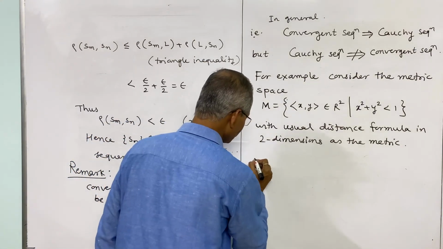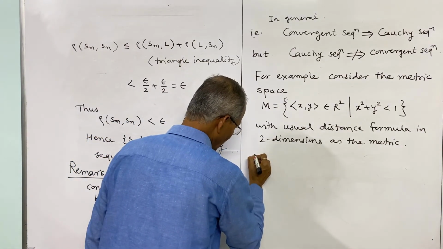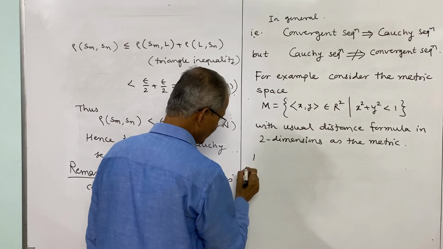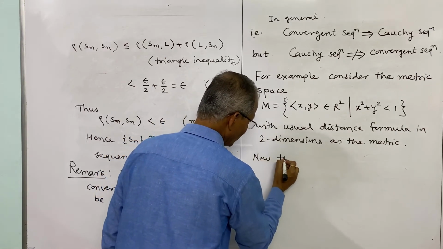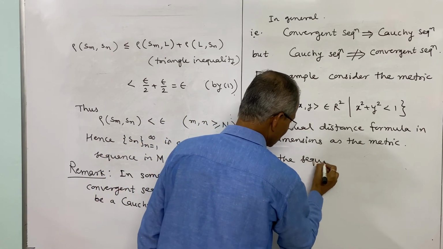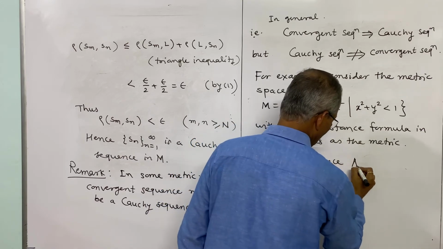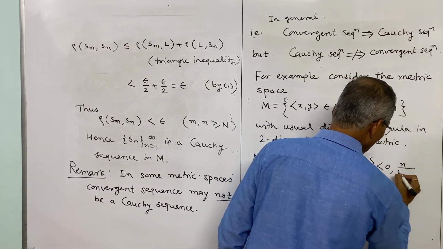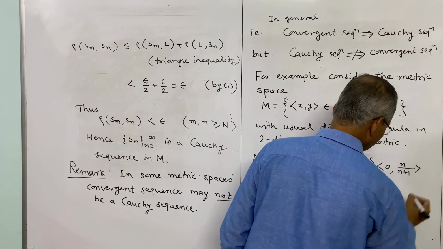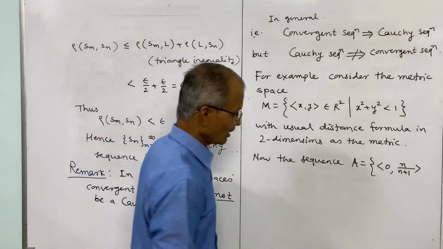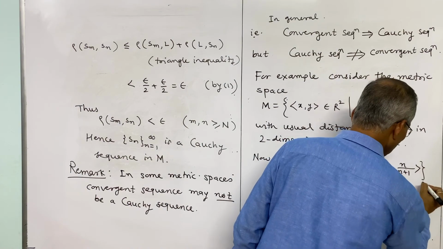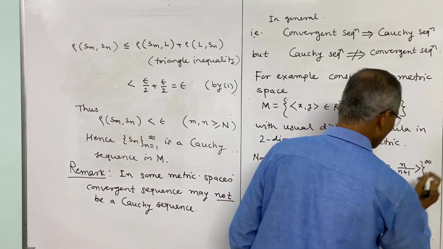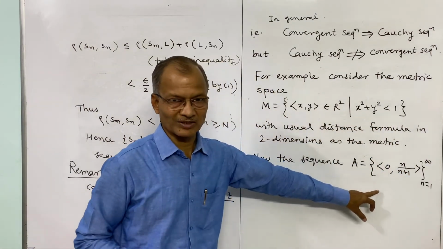Now let the sequence A be (0, n divided by n plus 1), where n takes values 1 to infinity. This is a Cauchy sequence.